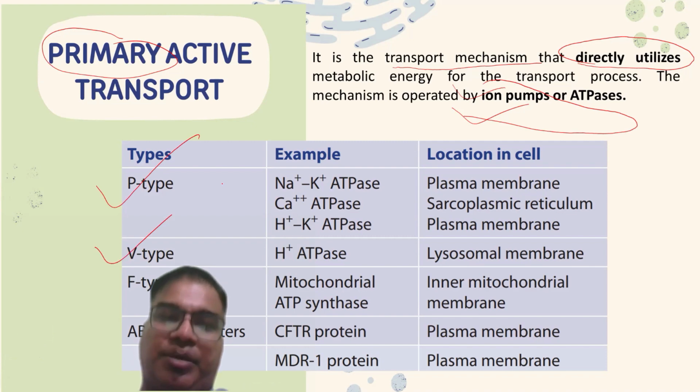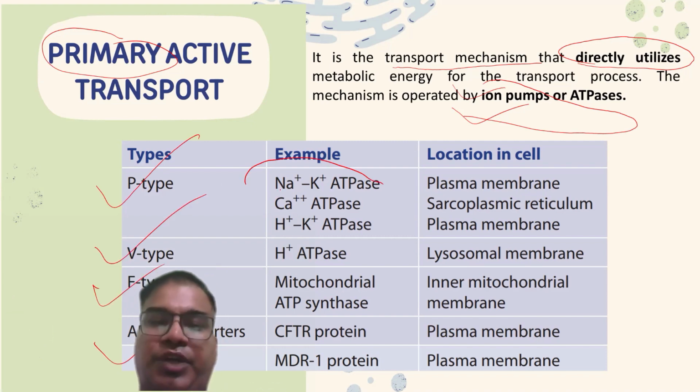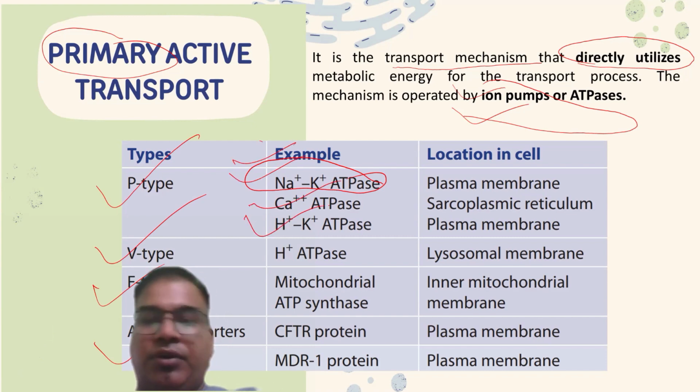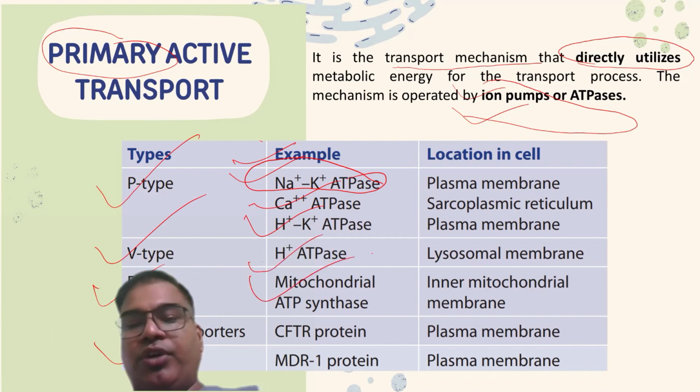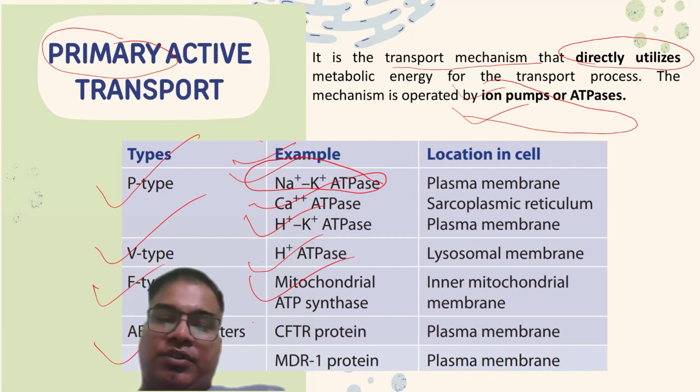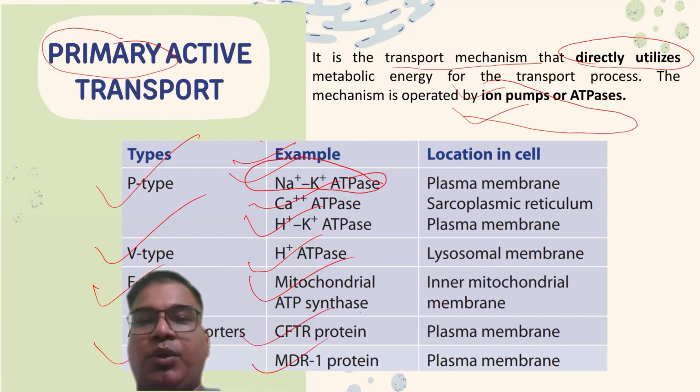These are various examples of primary active transport: sodium potassium ATPase, which is a very common example, calcium ATPase, hydrogen potassium ATPase, hydrogen ATPase, mitochondrial ATP synthesis, CFTR protein, MDR1 protein.